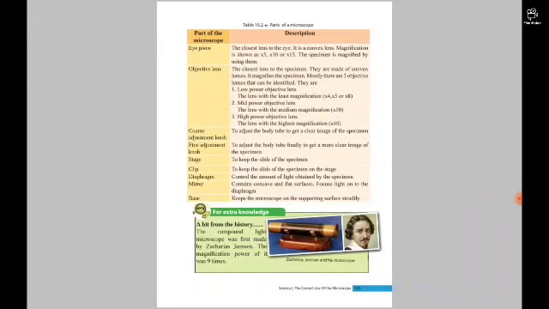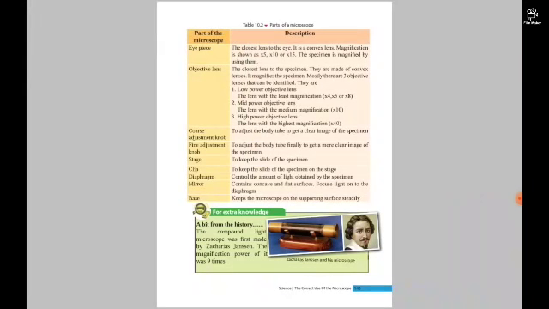The objective lens is the closest lens to the specimen. You have to remember that. The closest lens to the eye is the eyepiece. The closest lens to the specimen is the objective lens. They are made of convex lenses, and they magnify the specimen.